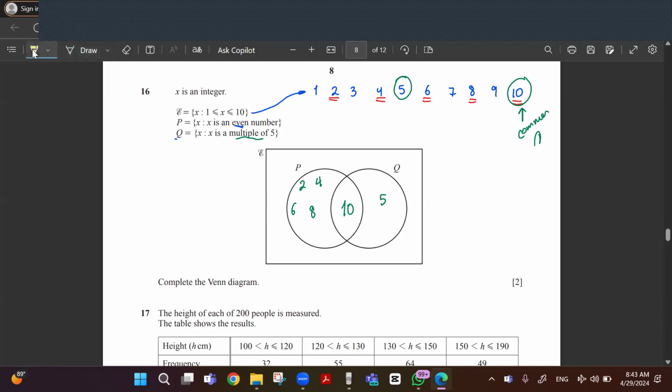No, I still have the numbers that I didn't do anything with: 1, 3, 7, 9. So I will put them outside. 1, 3, 7, and 9. And that's it. Okay. At the end, make sure that you wrote all the numbers from 1 to 10.